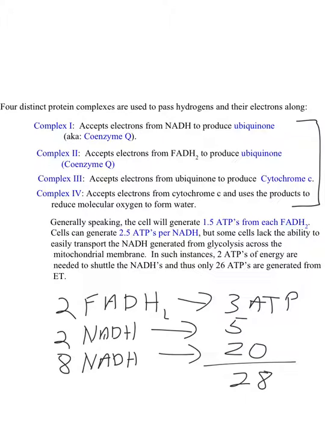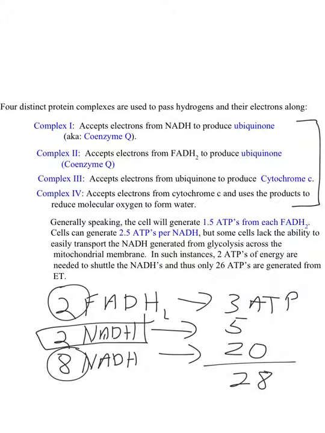Why do we say sometimes we only get 26? Well, remember that both these and these are already in the mitochondria. These were essentially released and generated out in the cytoplasm because that happened through glycolysis. So sometimes you need a little bit of energy to get these across the membrane. Think active transport. How much energy?